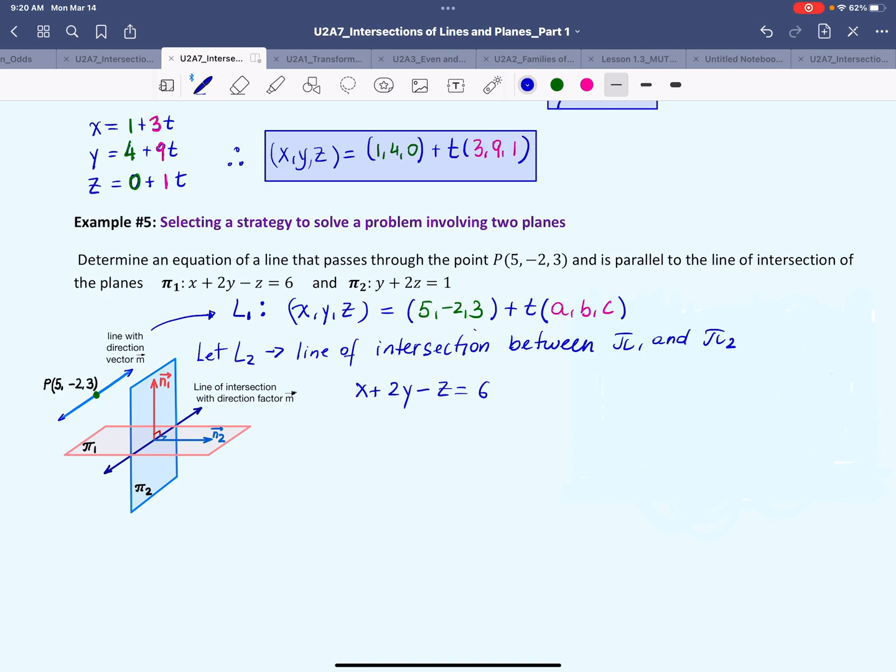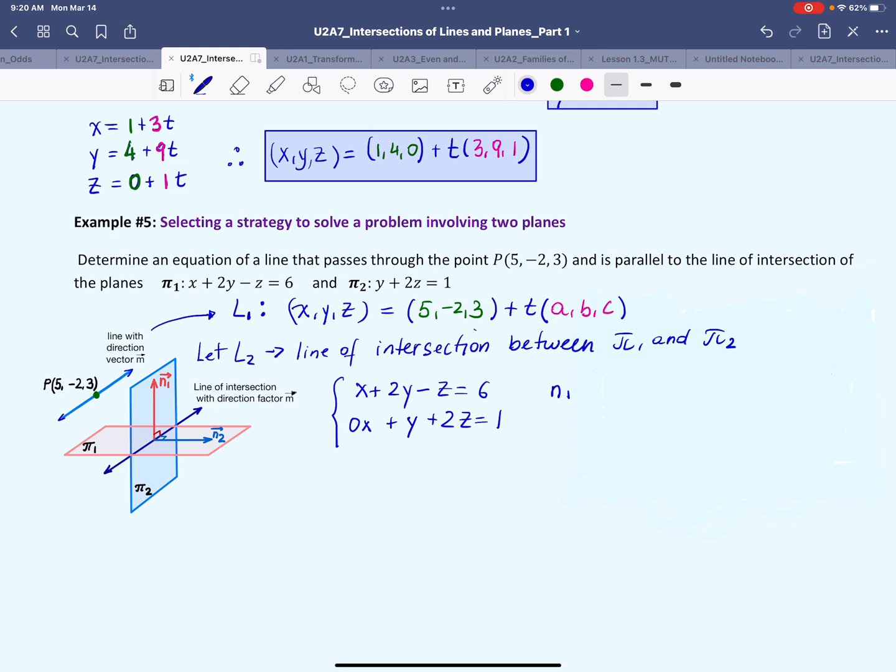So we'll have x plus 2y minus z equals 6. And for pi 2, we have y plus 2z equals 1. So it seems that we are missing the x-coordinate, which tells us that the x-coordinate must have had a coefficient of 0.